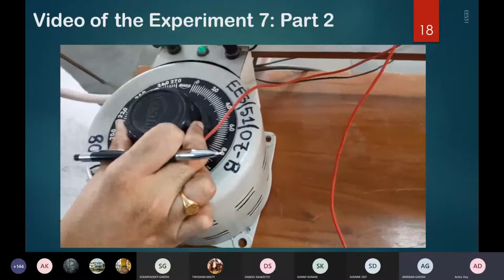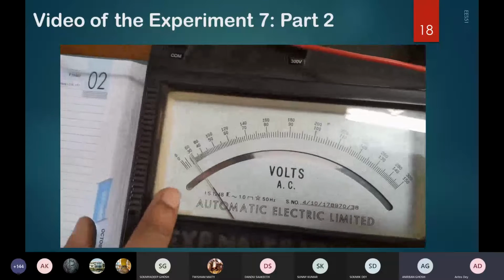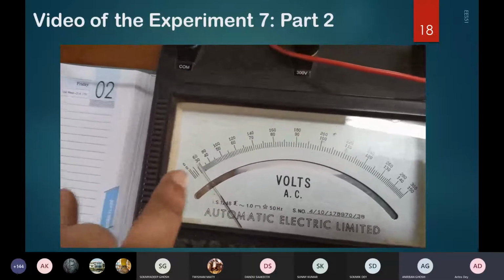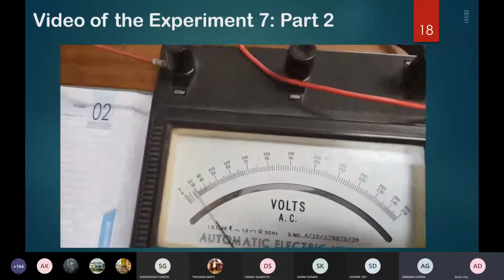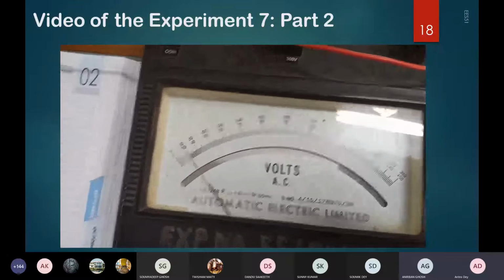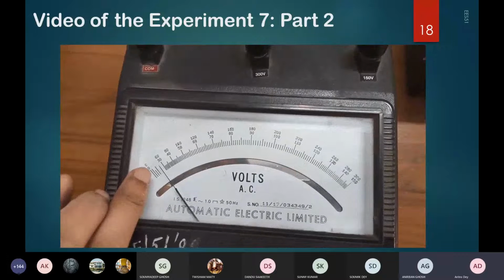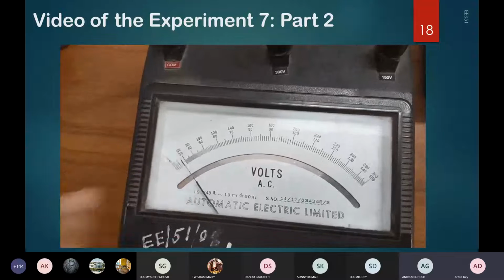Now here it is clearly visible in the voltmeter V1. If you just see from the top, it is close to 60. It is 60. So for 60 volt V1, what is V2? V2 is a little less than 60 because of the small internal drop, so we can approximately write it as 60.